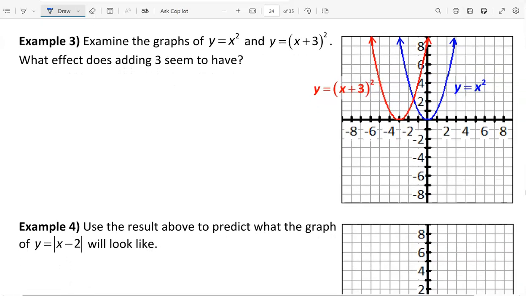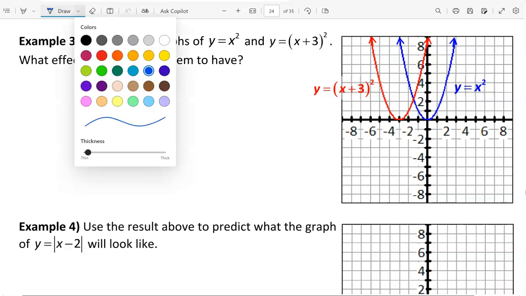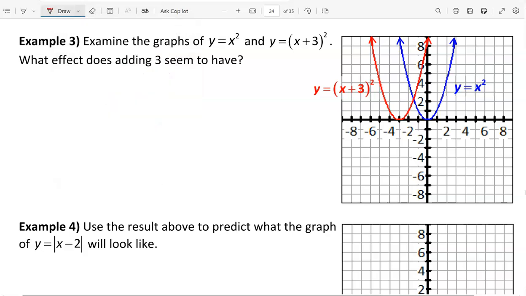Okay, let's take a look in example 3 at the graphs of y equals x squared in blue and y equals (x plus 3) squared in red. What effect does adding 3 here seem to have? And that is that it translates the graph 3 to the left.